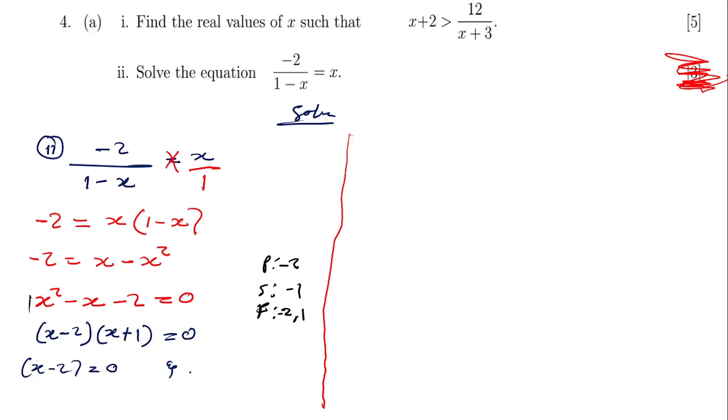So x is equal to 2 and x is equal to -1. These are the final solutions. The only part where someone might lose marks is where you have to write that expression, because if you don't write it, you are going to lose all your marks.